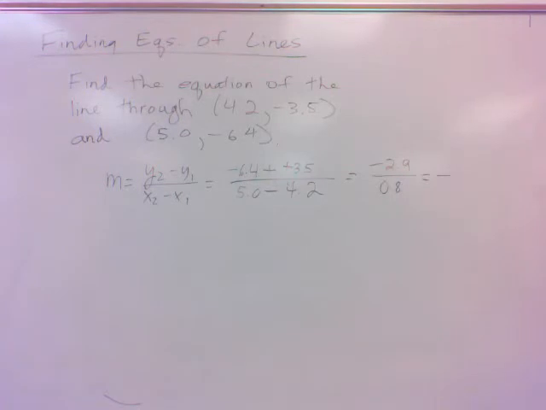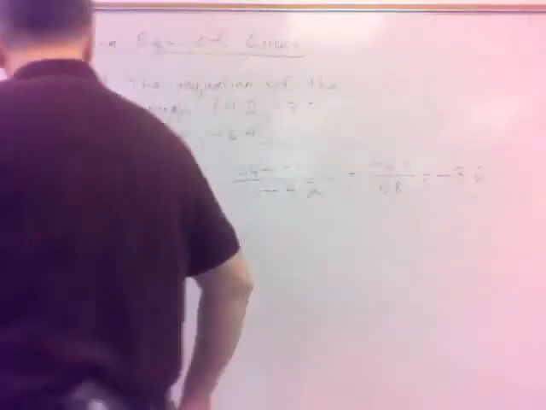What is negative 2.9 divided by 0.8 if you punch that in? Somebody? 3.6 rounded? Okay. So it'll be 3.625. So let's round it off to 1 decimal place, making it negative 3.6. We can do that for these decimals like this, okay?